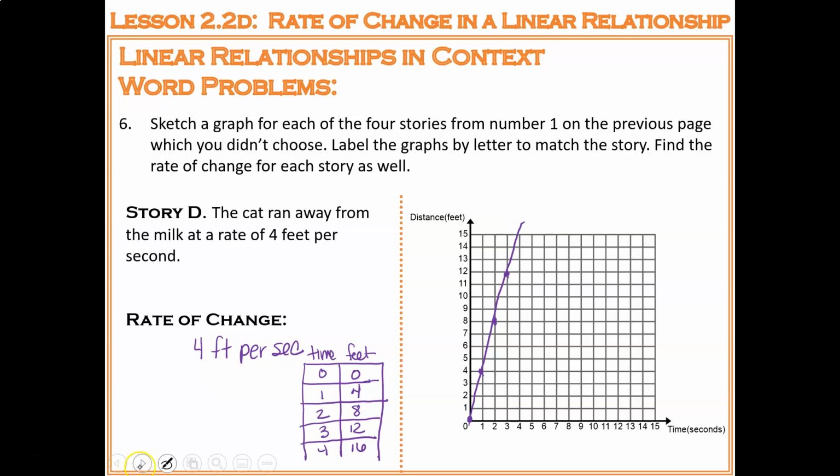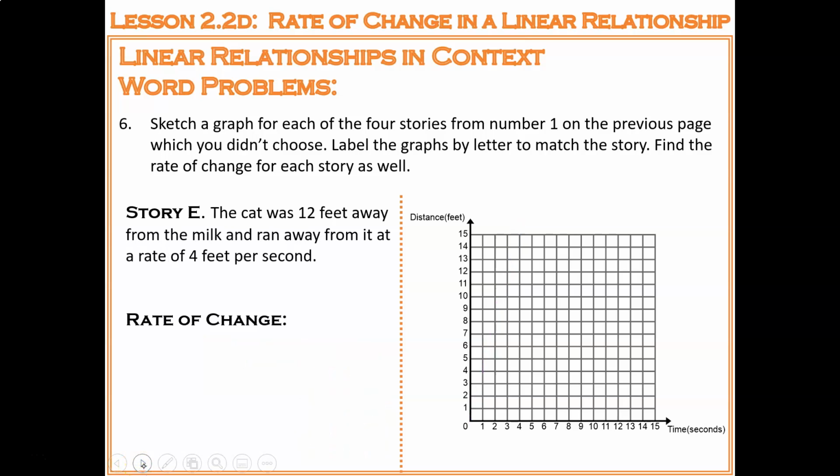Story E is interesting. Let's take a look at story E. We never really got to this. Make sure again that you're labeling those graphs. The cat was 12 feet away from the milk and ran away from it at a rate of 4 feet per second. So the rate of change is right there, 4 feet per second.